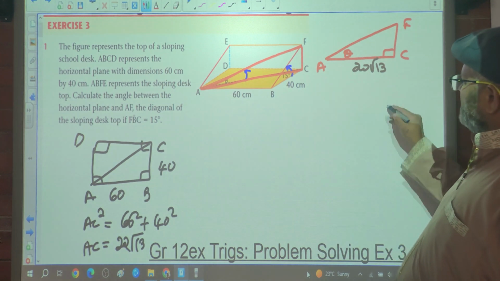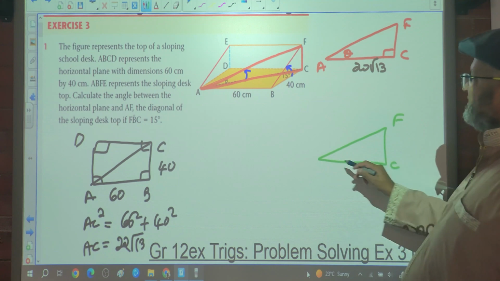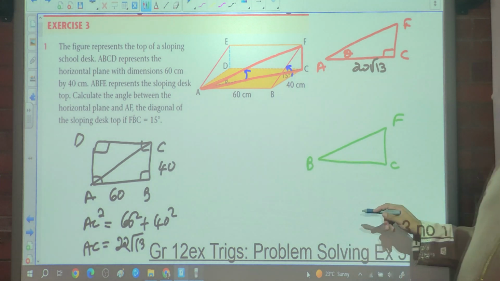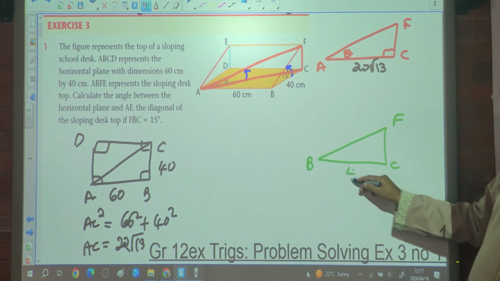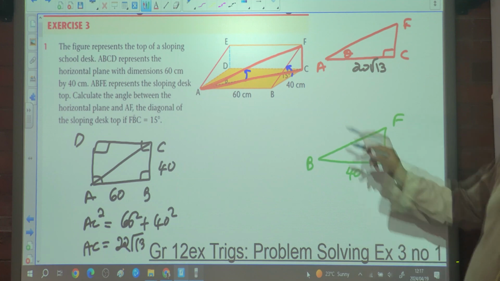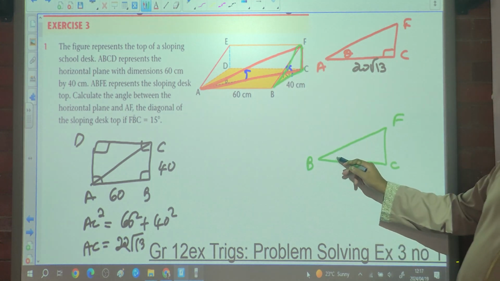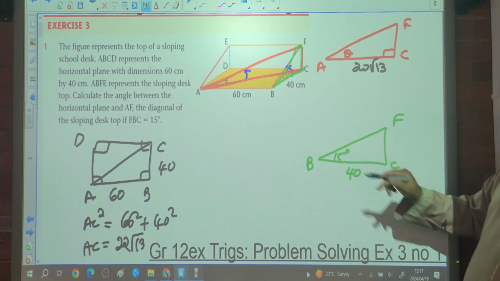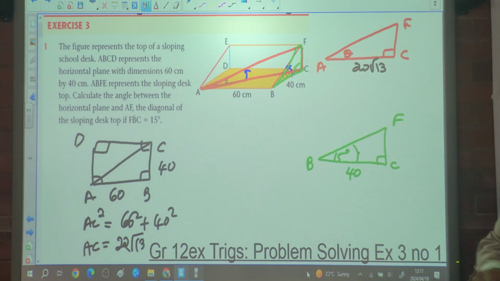We look at the triangle with BC. What's the length of BC? 40. The length of FC is what we want to calculate, because that's in that triangle as well. This is the triangle I'm working with. And what's the size of this angle? 15 degrees. And the size of C? 90. As you can see, that's again 90 to the horizontal.